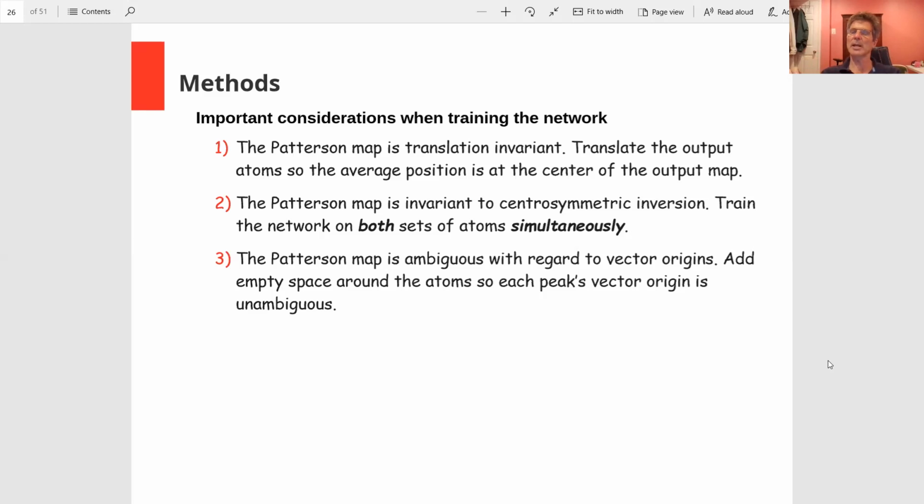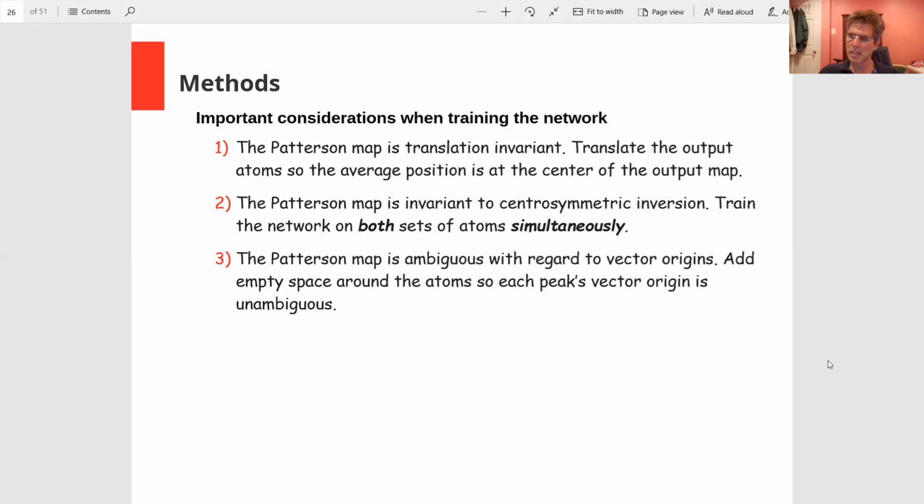And because of that ambiguity, the Patterson map is not unique. And if you could remove this ambiguity, and this is even apart from the centrosymmetry and the translation invariance, then you can make it so that the network trains.